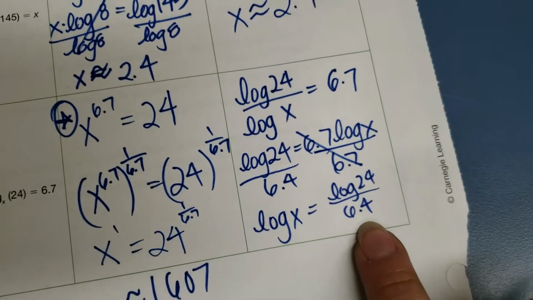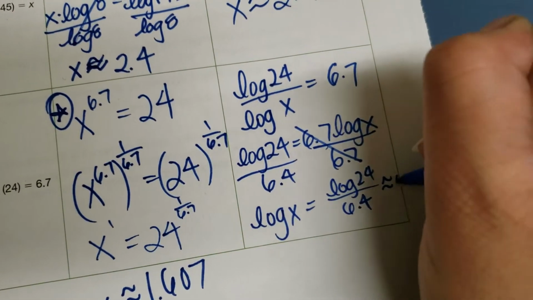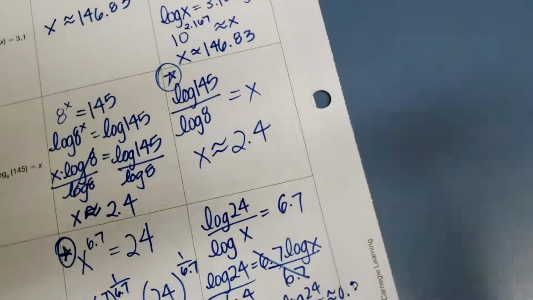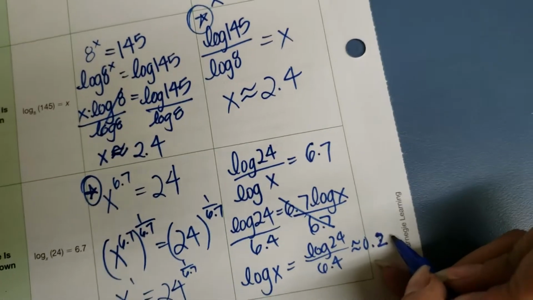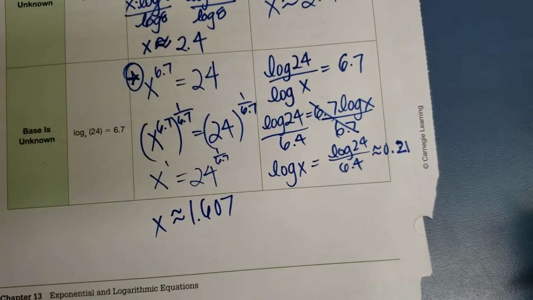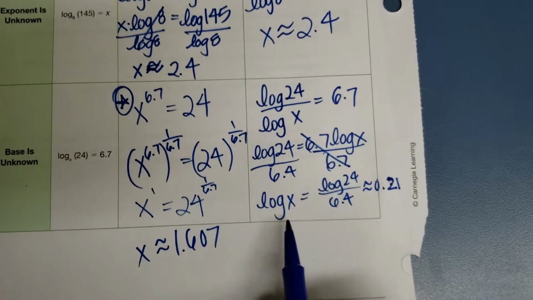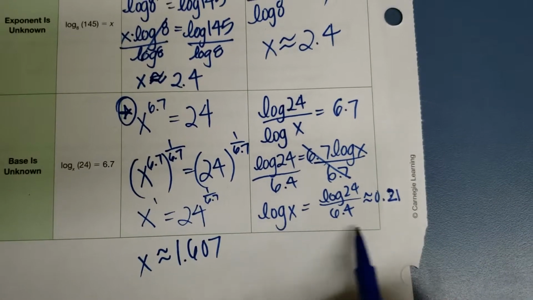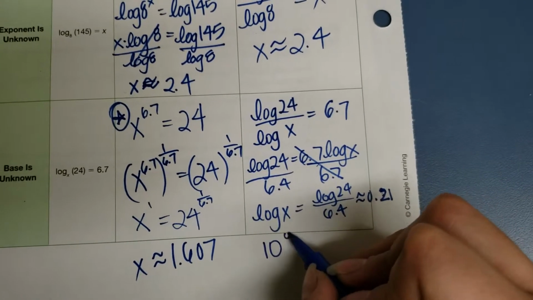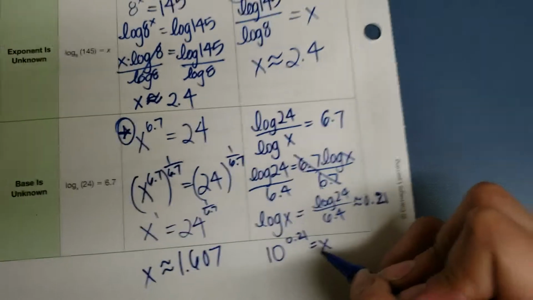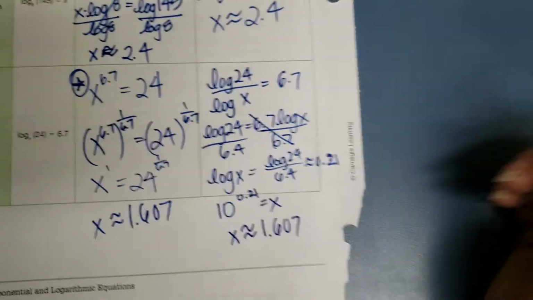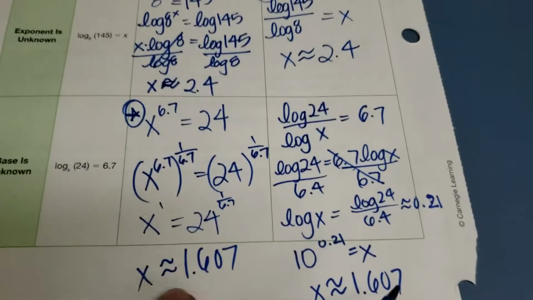That's going to go in my calculator, and I'm going to end up getting approximately 0.21. And so then I have to set that back up into exponential form. So this is 10 to the power of 0.21 equals x. And last but not least, x is approximately equal to 1.607. So like I said, this is going to be the preferred method. Fewer steps here.